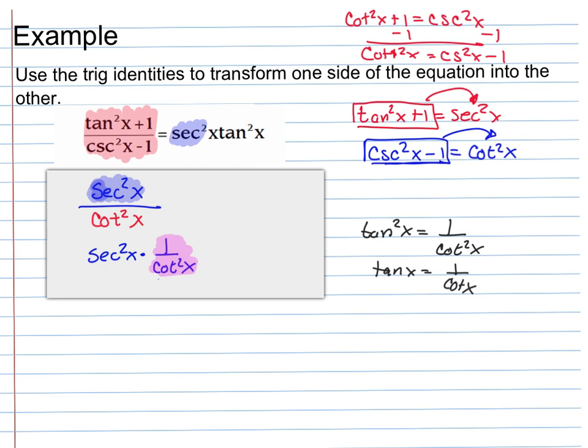It's the same thing. So now we're going to have secant squared x times tangent squared x, and we verified it, and that's our answer.